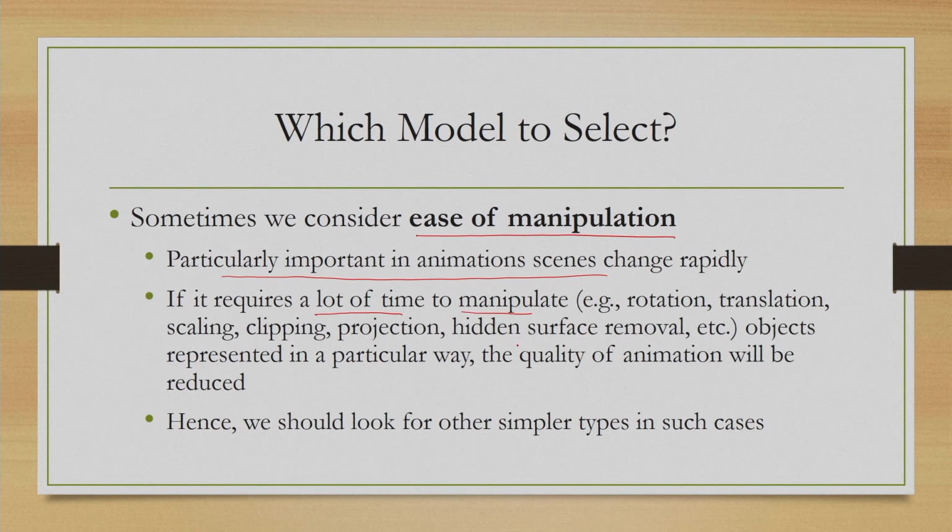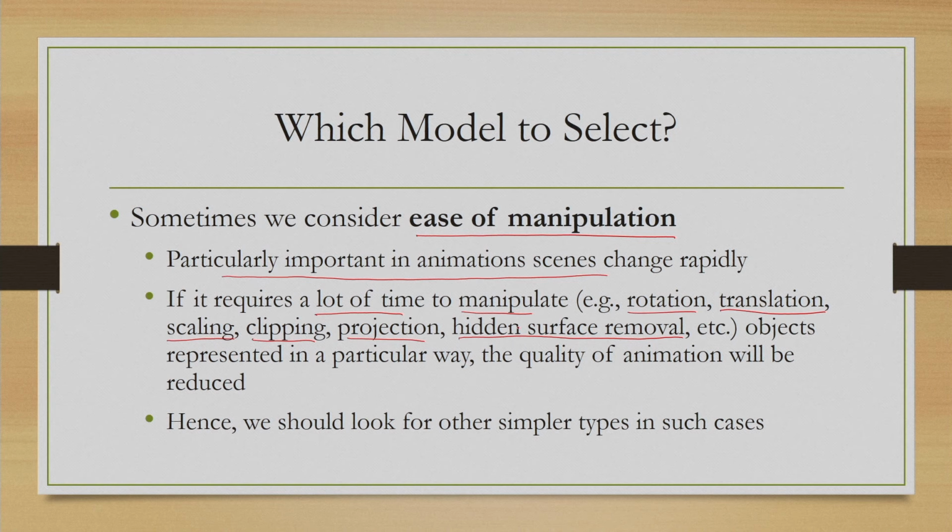So, that requires manipulation of the representations. Now, if it requires a lot of time to manipulate, for example, rotate an object, shift an object horizontally or vertically, scale up or down an object, or clip, project or perform hidden surface removal, etc. These are part of other stages of the pipeline. We will discuss about these stages in details later.